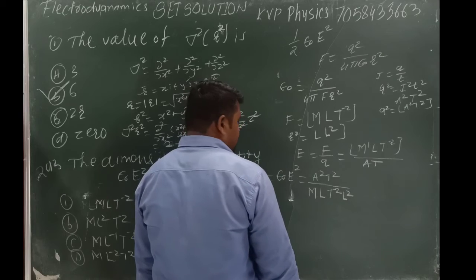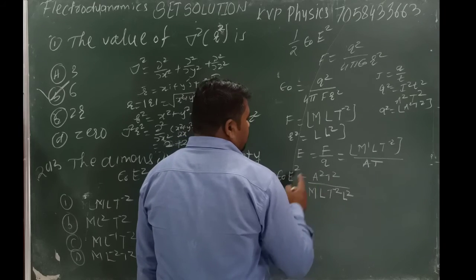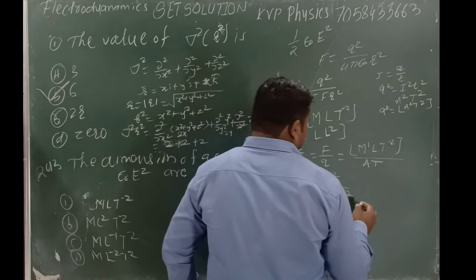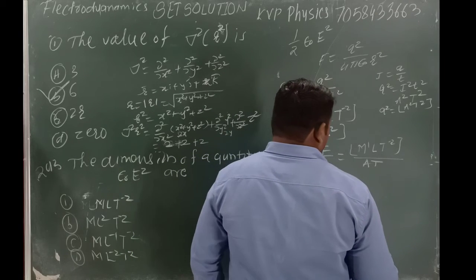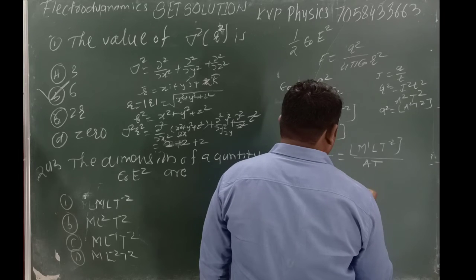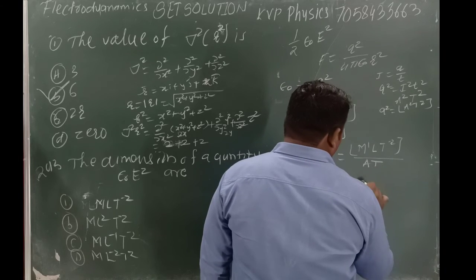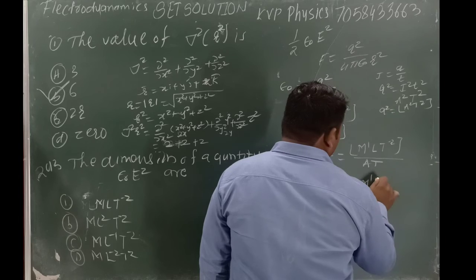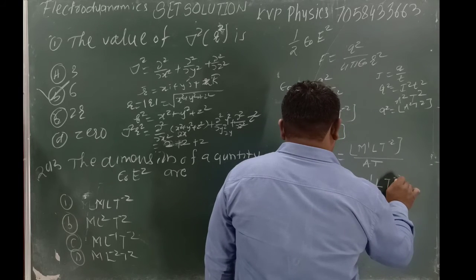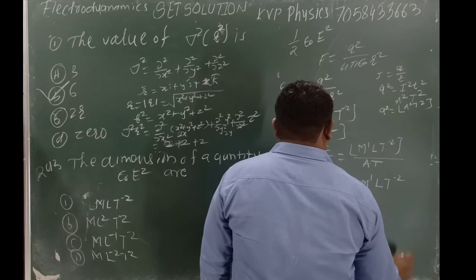This is the dimension of epsilon naught. And what is the dimension of electric field? F upon Q, M 1 L T to the power minus 2.